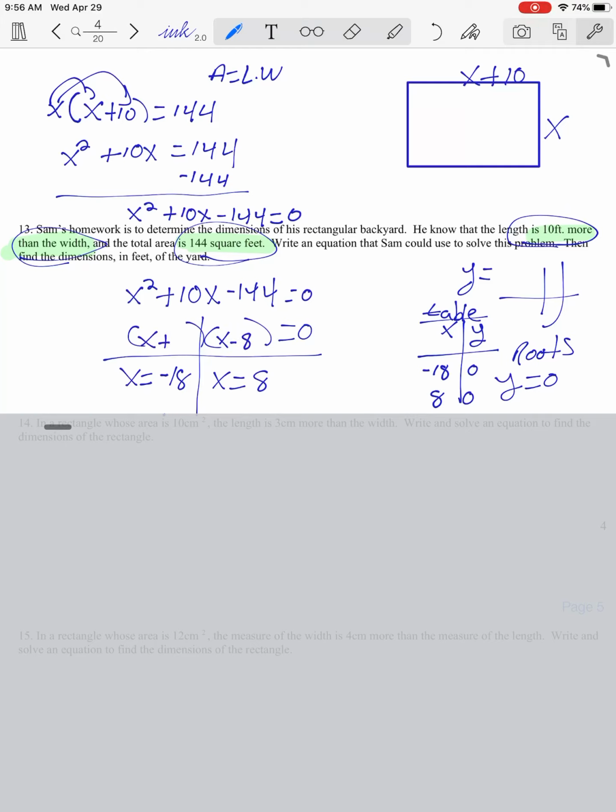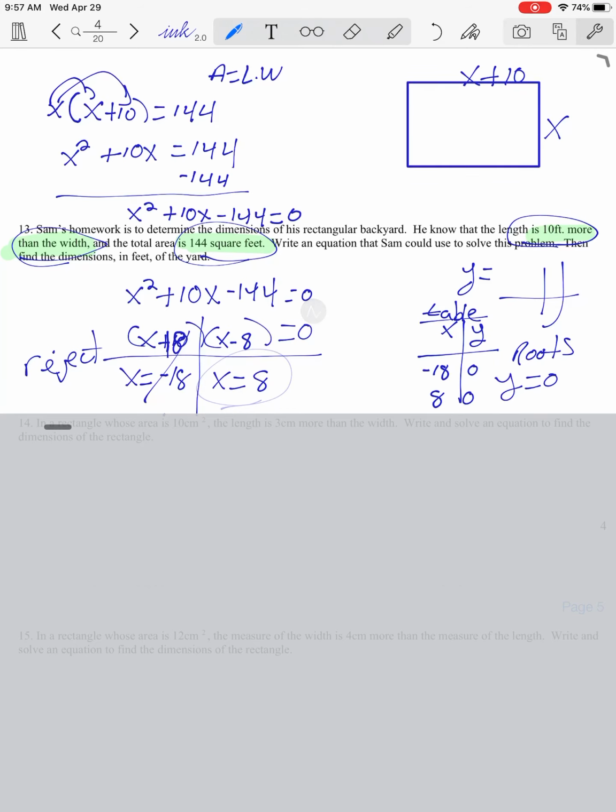If I were to factor this, of course, my signs are opposite. Those of you who are good at factoring will know 18 times 8 is 144, and 18 minus 8 is 10. I know it's a rectangle, so I have to reject the negative.